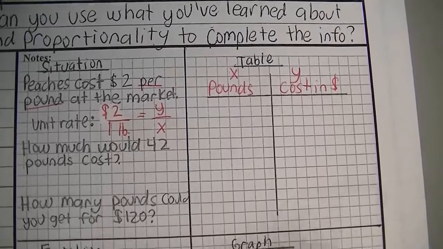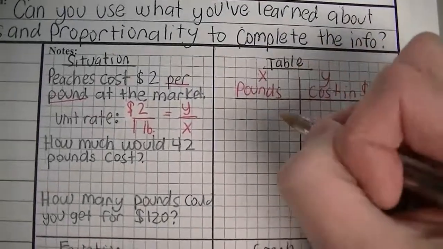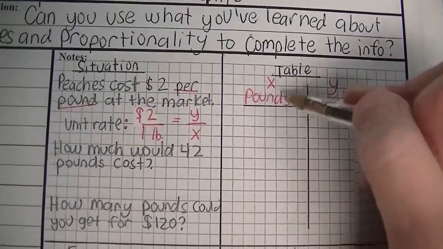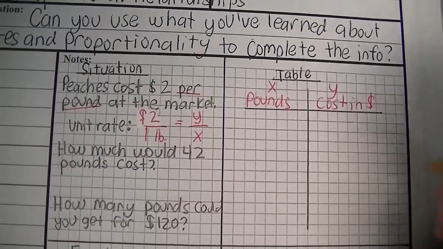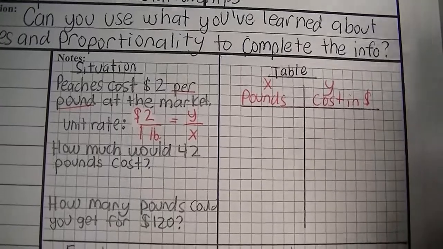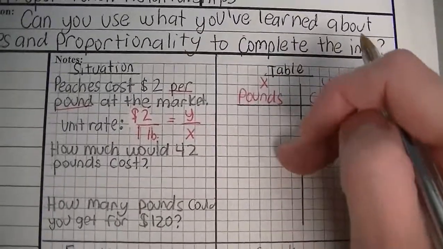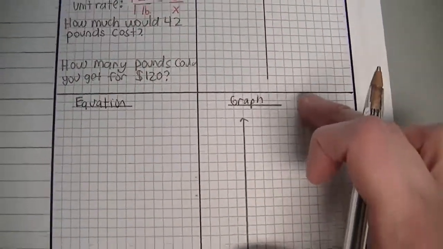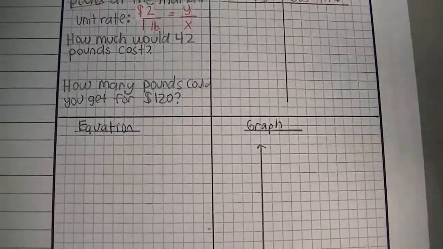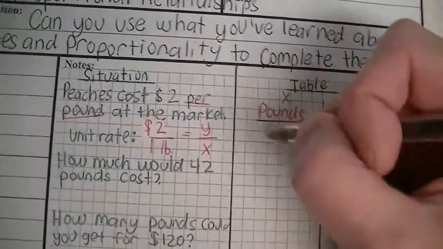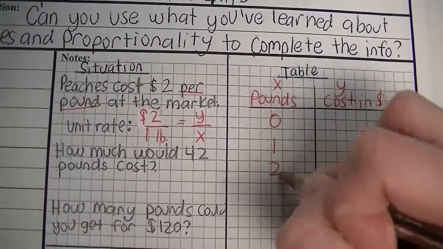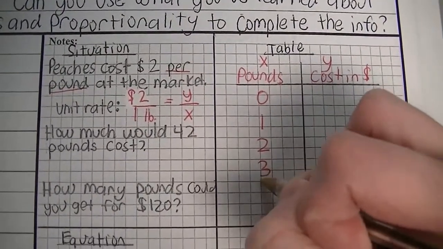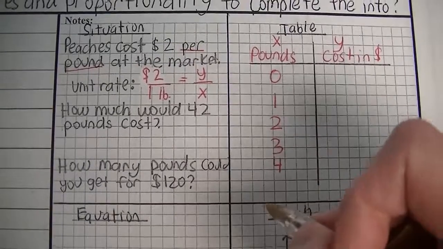Okay? From there, you can pick any values you want to plug in for the independent variable. So if you're curious about how much 100 pounds of peaches would cost in this context, go ahead and write that. But remember, we're going to be drawing a graph later on, and you may not want your graph to go that high. So I'm just going to use 0, 1, 2, 3, 4, and oh, look right here.